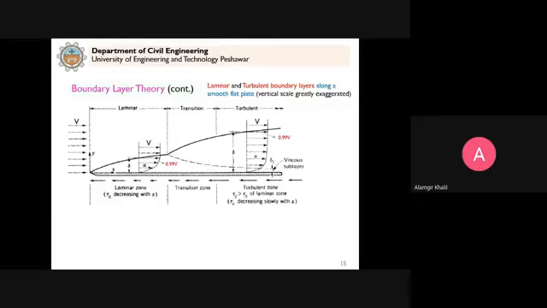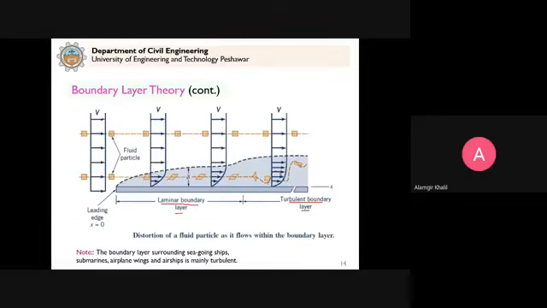It can be a transition zone here. It is also possible that we can have the entire boundary layer as laminar. For example, this will continue and continue like this. So this entire layer will be laminar. It is possible, depending on the flow condition.